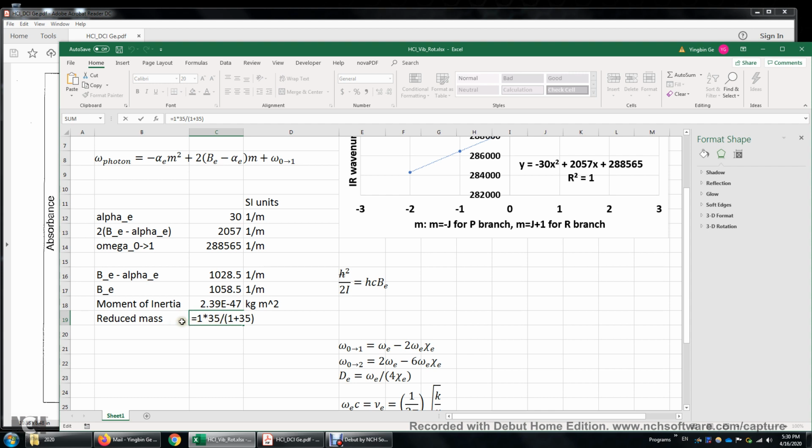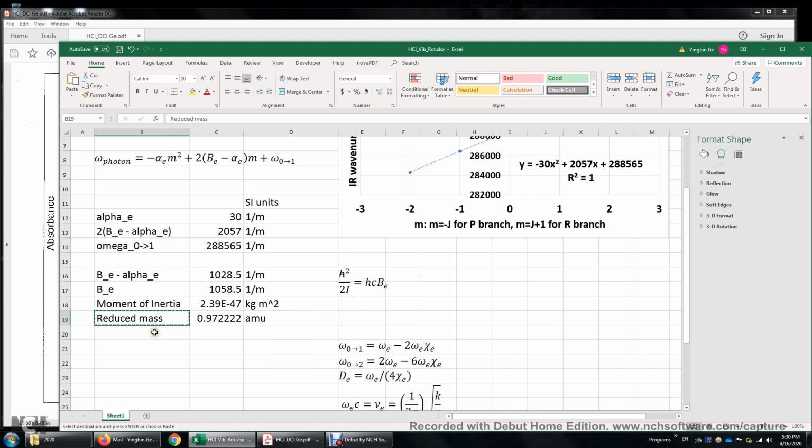Alright, so again, mu is M1 times M2 over M1 plus M2. The unit is AMU, atomic mass unit. However, this atomic mass unit is not the SI unit.